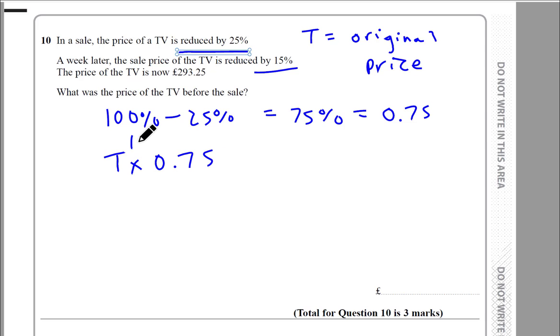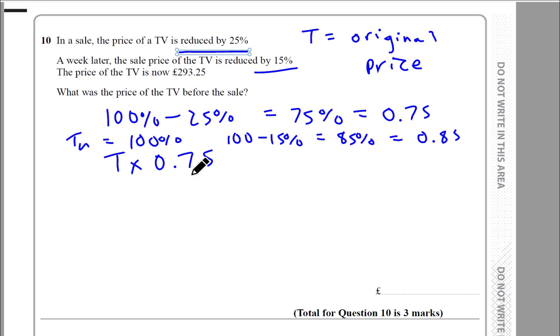Now the new, so I'm going to just say Tn for new. So the new price of Tn is 100%, but it's been reduced a further 15%, so it's minus 15% off, so that's 85%, which is 0.85.